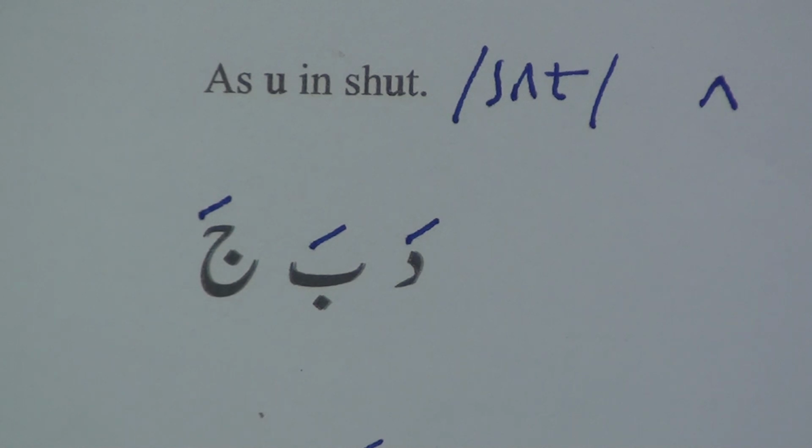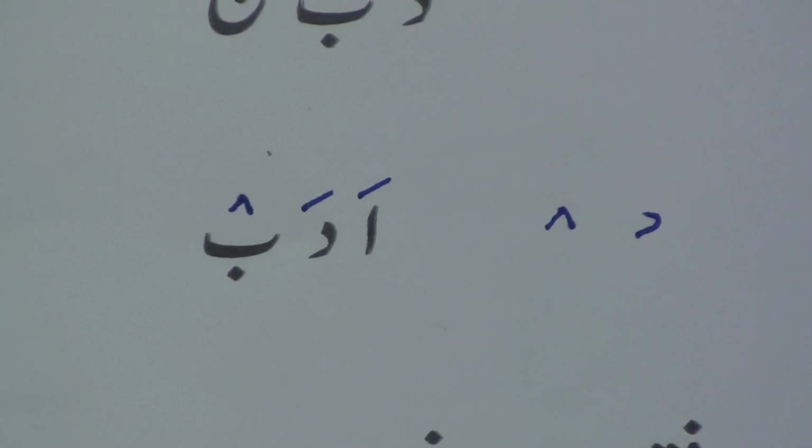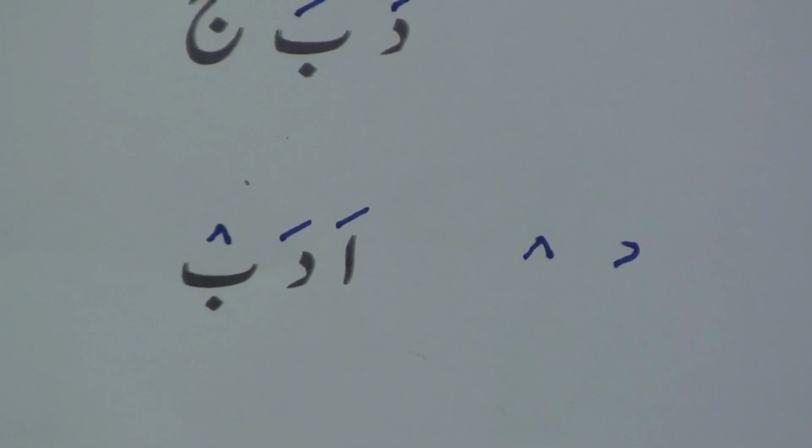Da, ba, ja. Now, a few words. Alif zabar a, dal zabar da, and be. Adam.